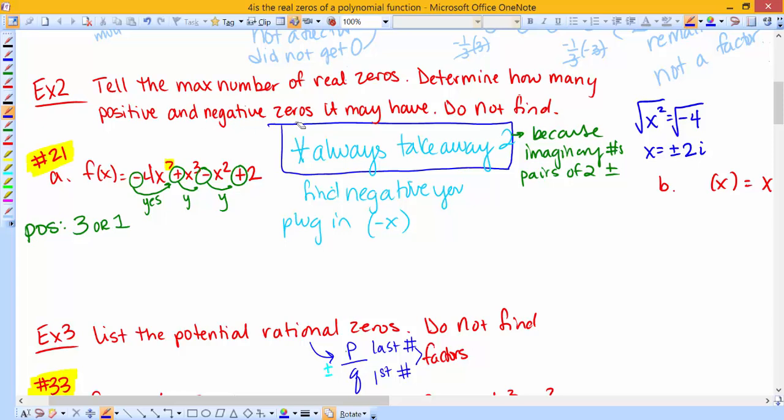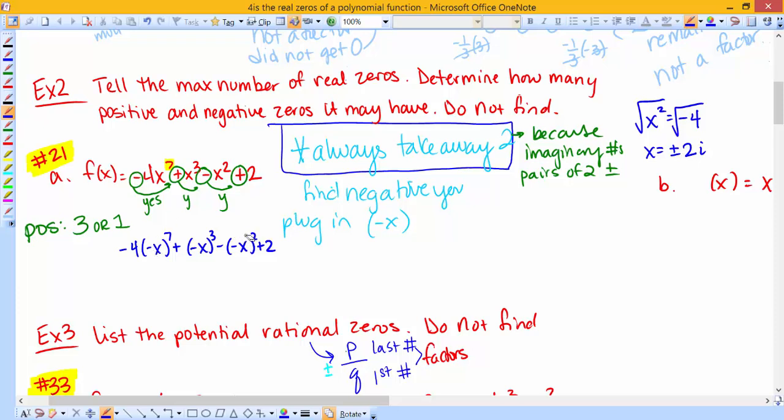Now we're going to look at the possible negatives. In order to identify the negatives, you must put a negative x in everywhere you see x. So negative 4 times negative x to the 7th plus negative x cubed. And please make sure you use parentheses. You're going to have to remember, if you have an odd exponent, the negative will stay negative.